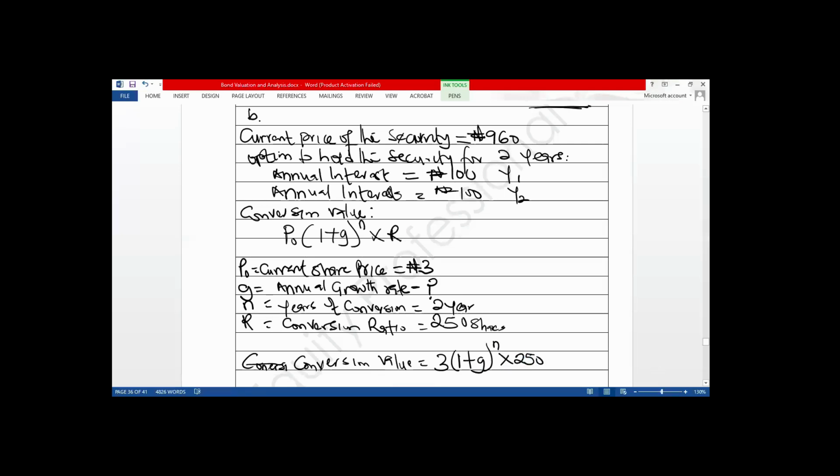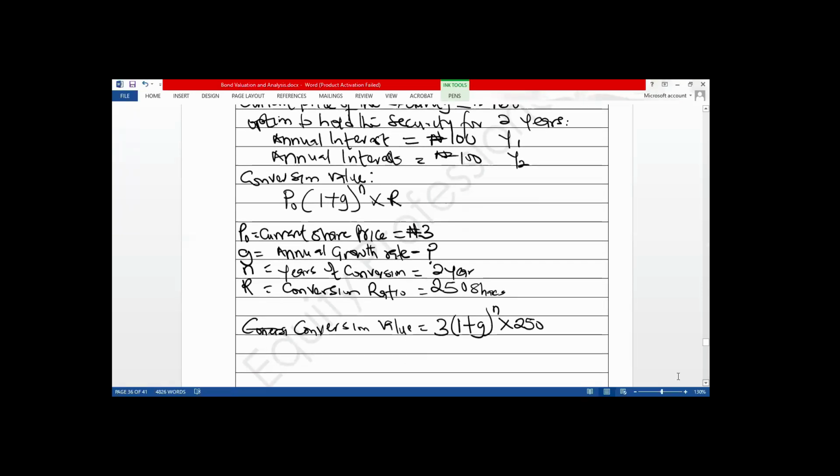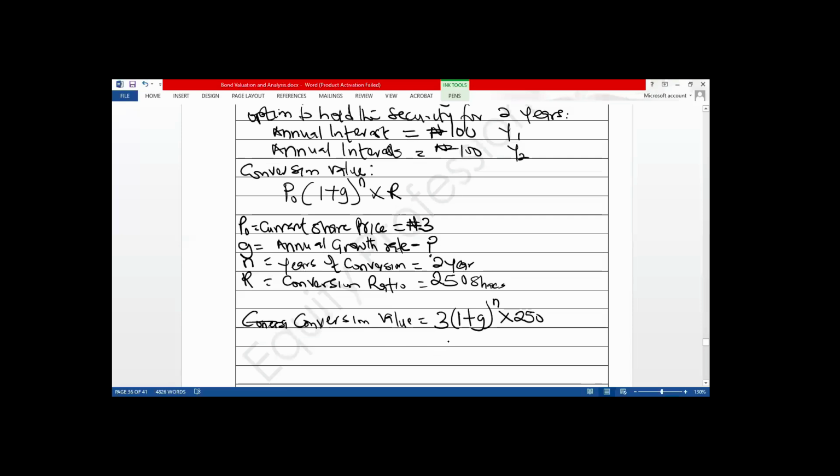This is equal to 3 naira multiplied by 250. That will give you 750 bracket 1 plus G raised to power n. Our n is 2 years. That will give you the conversion value plus the growth rate.